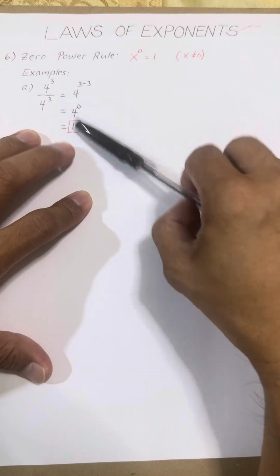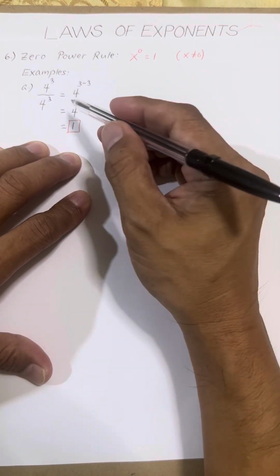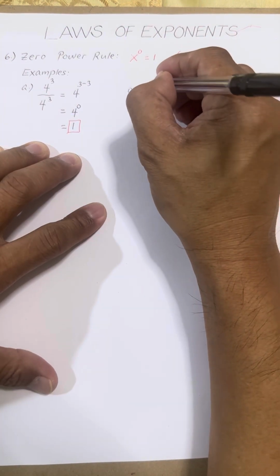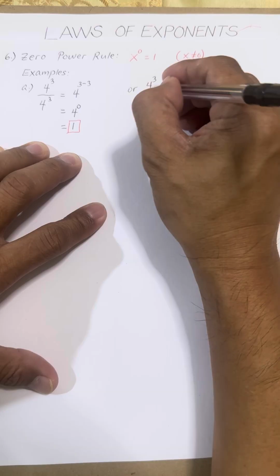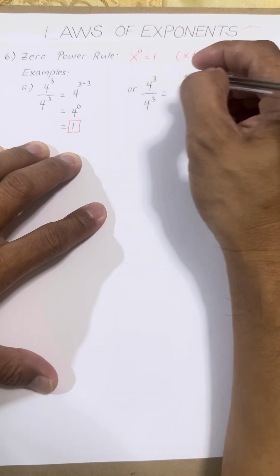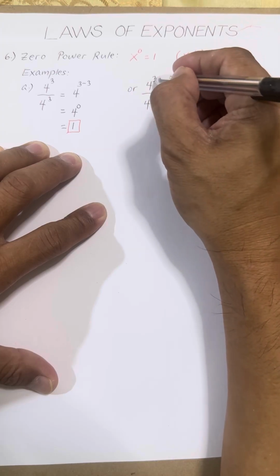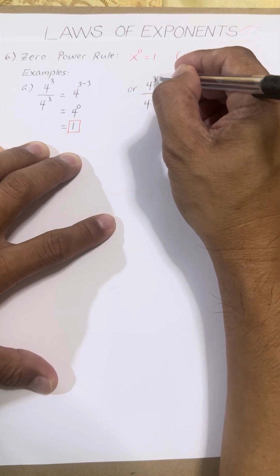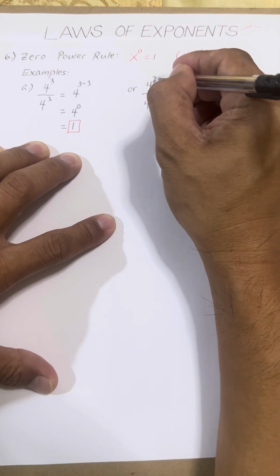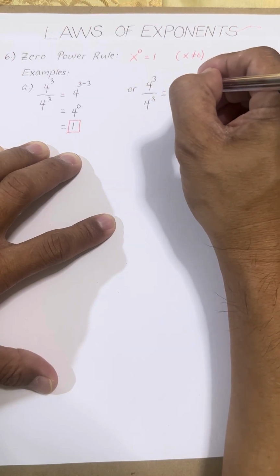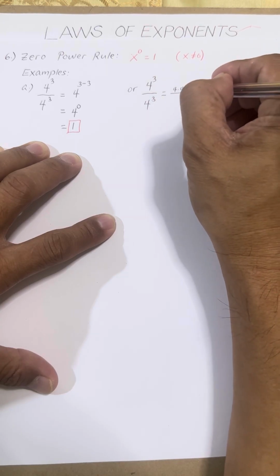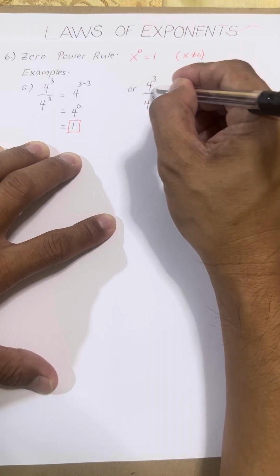To prove that this is really equal to 1, we can solve this in another way. We can do it this way: 4 to the power 3 divided by 4 to the power 3. The power of the exponent tells us how many times the base is being multiplied. So 3 means there are 3 4s being multiplied. This is what is meant by the expression in the numerator.